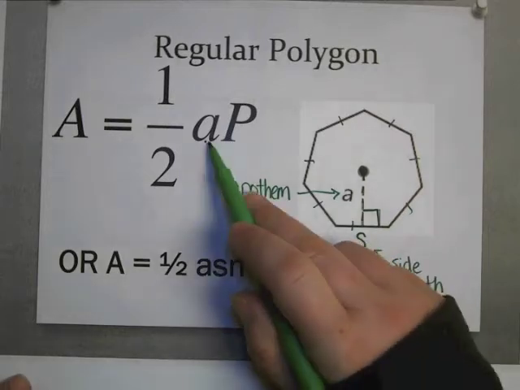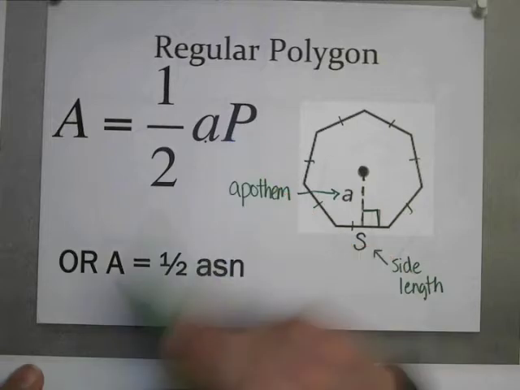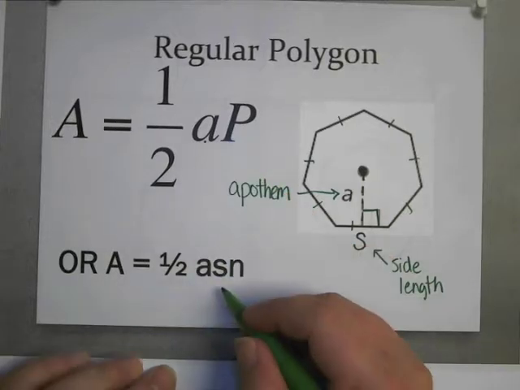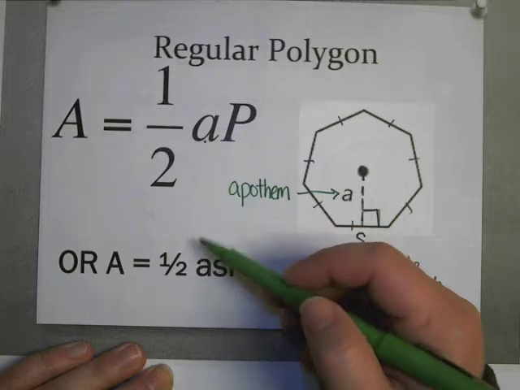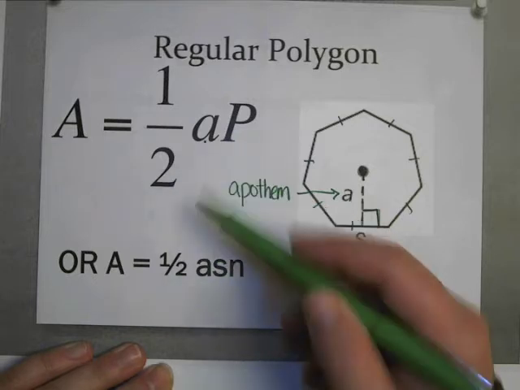So we've got 1/2, the apothem, times the perimeter. Or we can look at it this way. If you look down here, I've got the other equation. Both of these equations you need to write down. Area equals 1/2 apothem times perimeter.